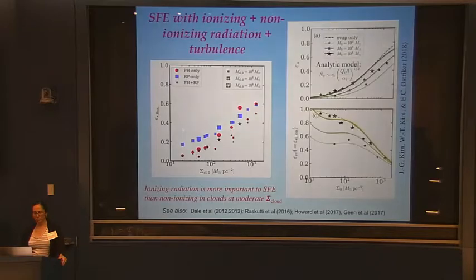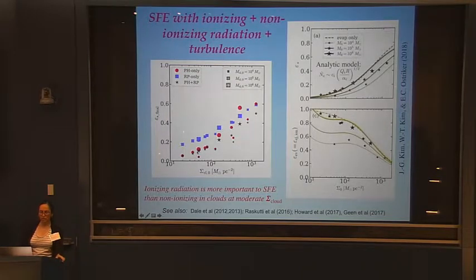Okay, so this shows the star formation efficiencies. The black stars here are including both ionizing and non-ionizing radiation. The blue squares are only non-ionizing, and the red squares are only ionizing.